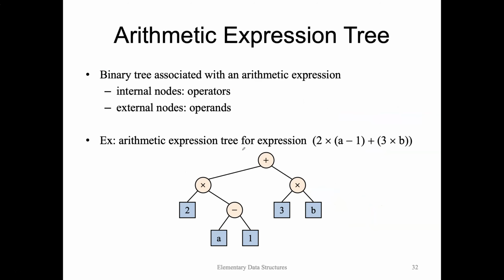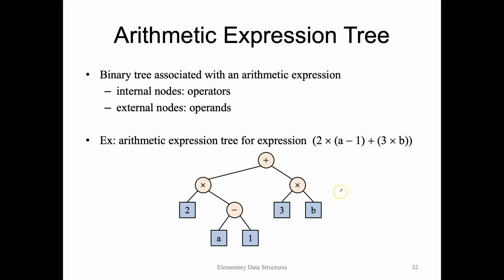For example, we can use them to represent an expression. Here the internal nodes are operators and the external nodes are operands. So we've got the expression 2 times (a minus 1), all of that plus the result of 3 times b.